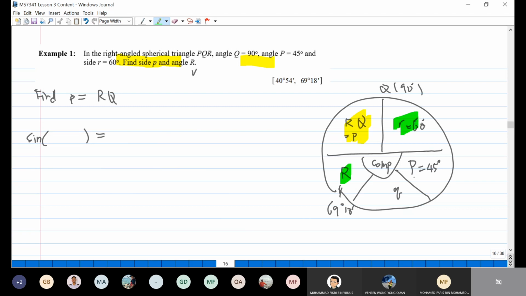So the formula for adjacent: the sine of the middle one, sine of P, is equal to the tangent of the adjacent.